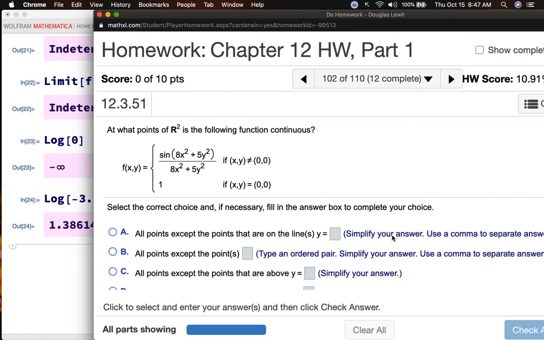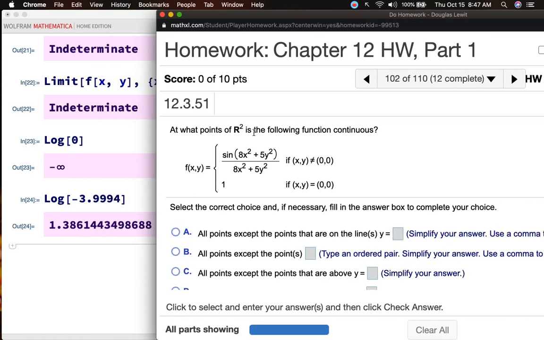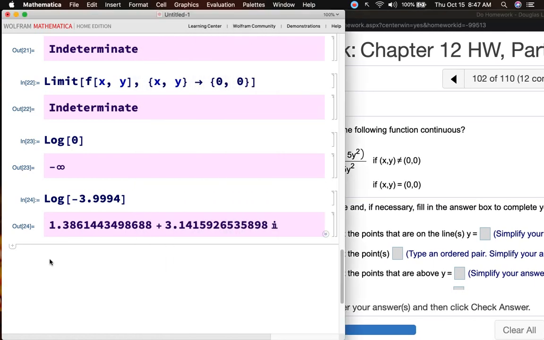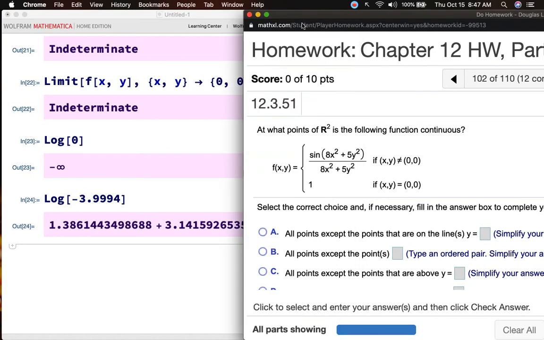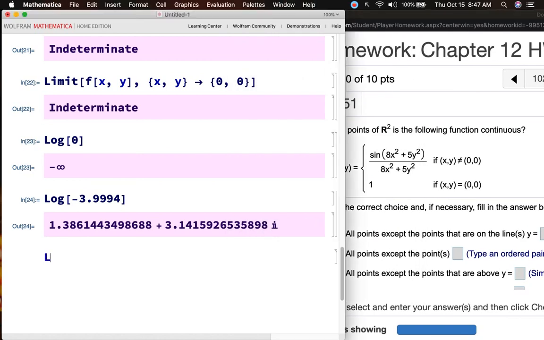At what points of R2 is the following function continuous? So again, we need to find the limit. Actually, the limit here is very easy. This is a calculus 1 limit. You guys should remember this from calculus 1. This is a very famous limit. What is the limit?